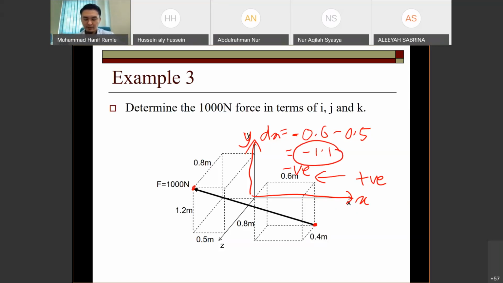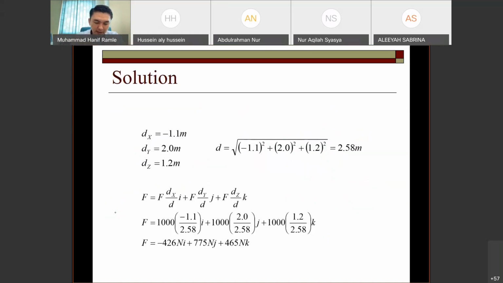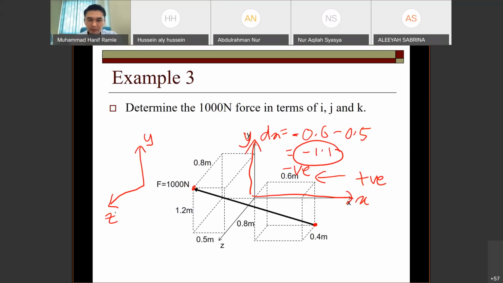Doctor, I want to ask a question. Yes, please. What is the negative side of z? Okay, for the z-axis, you have to look at the yz plane. In this example, the dz is positive. But if you have an example like this, let's say the initial point going back like this, so dz should be negative lah, because here is positive z and the other side is negative.